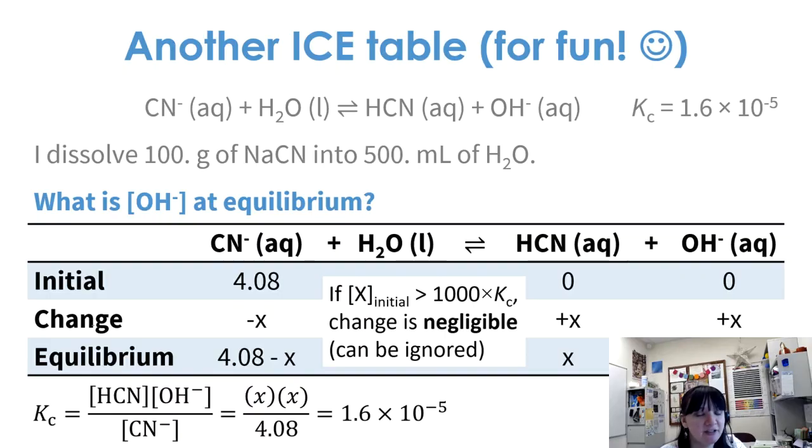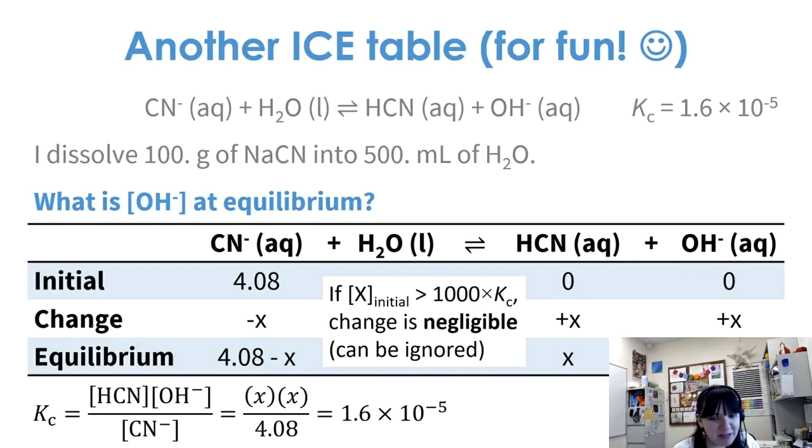For HCN and OH minus, however, the initial concentrations were 0, so obviously not more than 1000 times the Kc, and so the change that occurs to both of those does still need to be counted. We still express their equilibrium concentration as X, which is what we use to solve in our K expression.